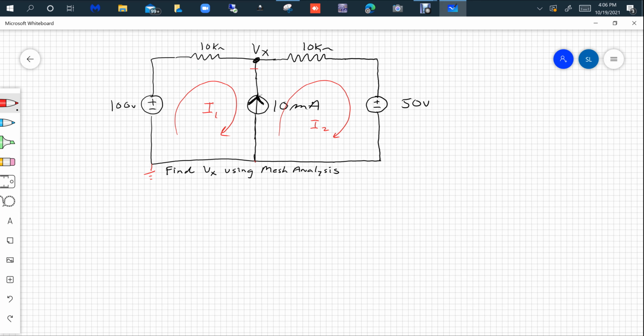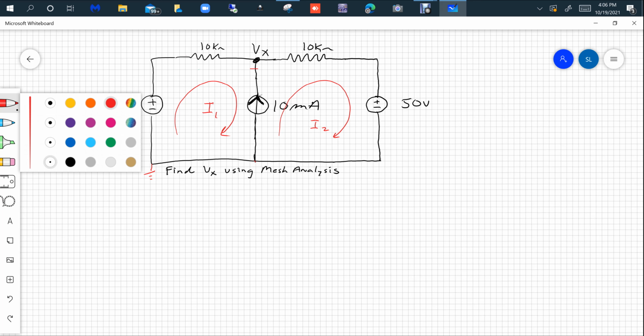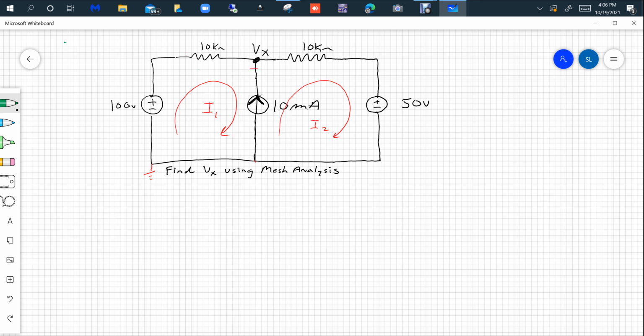When you see that loop currents share a common current source, what you can do is label a supermesh around the entire loop.